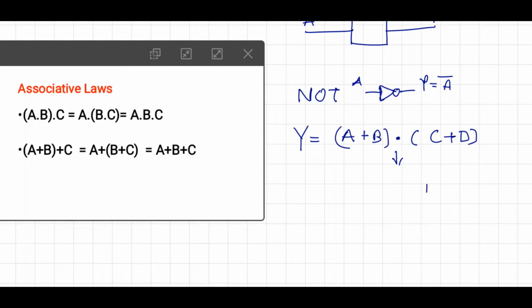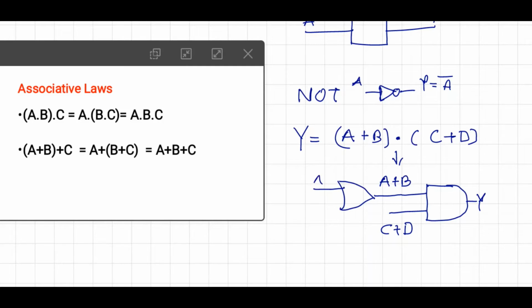So we need to have an AND gate, where we'll get this output Y. At the input of the AND gate there are two inputs: one gives A or B, and the other gives C or D. In order to get A or B, we use an OR gate which has input A and input B. This gate gives the ORing operation of A and B, that is A plus B. Similarly, at this end there is another OR gate with two inputs, C and D. This gives C plus D, and at the end Y is this.